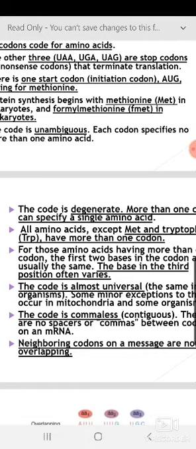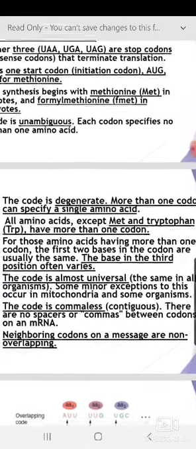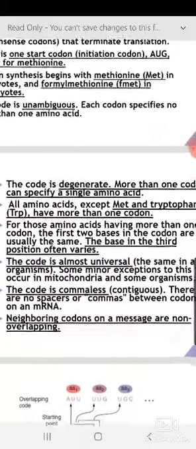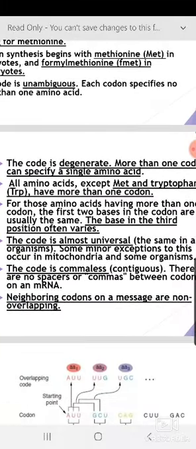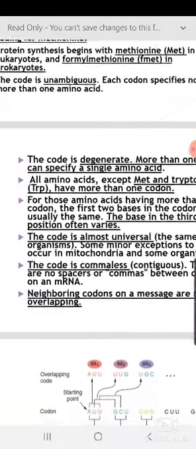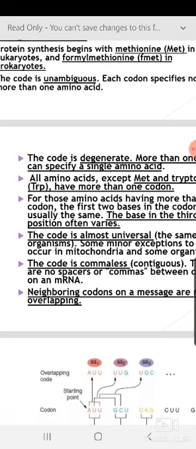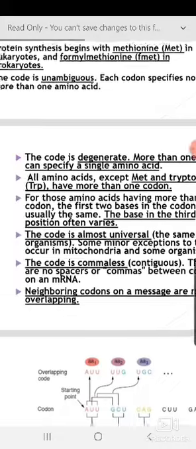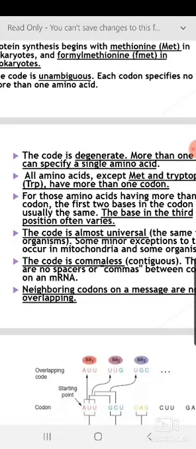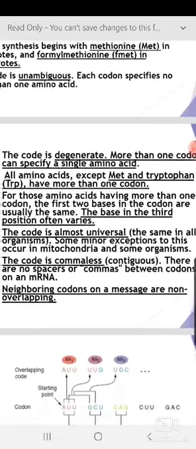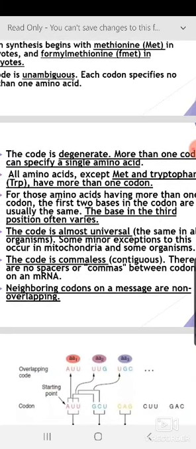The code is degenerate. More than one codon can specify a single amino acid. All amino acids except methionine and tryptophan have more than one codon. For those amino acids having more than one codon, the first two bases in the codon are usually the same. The base in the third position often varies.